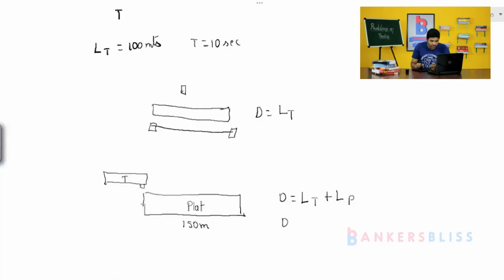If they ask about a bridge, then distance will be the length of the train plus the length of the bridge. If both trains are moving, then total distance is equal to the length of the first train plus the length of the second train. When we get a negligible distance like a pole, an electric pole or a man, we neglect it and take only the length of the train.